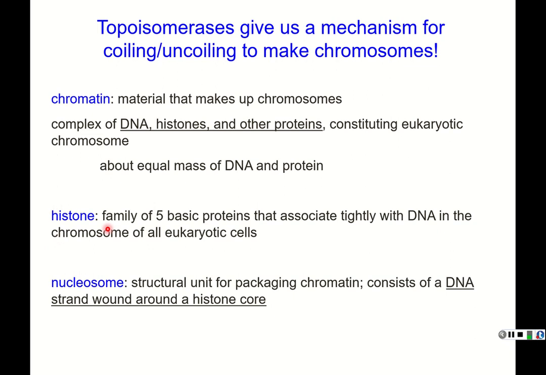So histones are proteins that associate with DNA and allow it to become tightly wound together. Okay. What we refer to as a nucleosome, that's a structural unit for packing chromatin. It consists of a DNA strand around a histone core. So if you hear that term nucleosome, what that means is you have DNA wound around a histone protein.